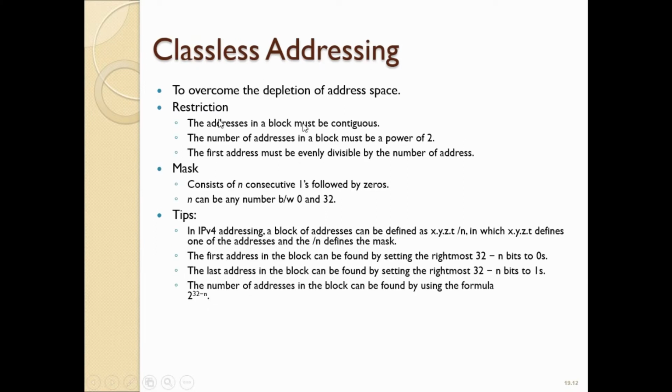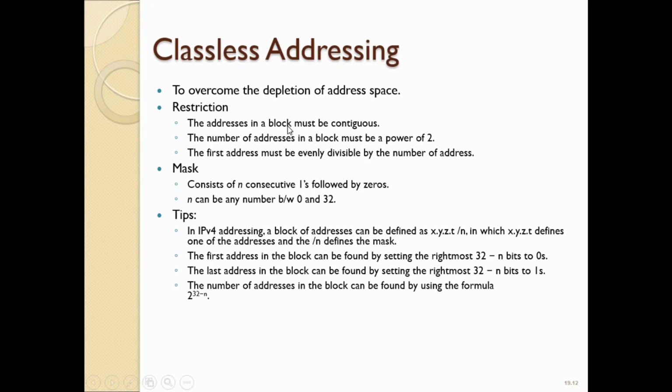Classless addressing. As I told earlier, there are two types of addressing in IPv4, classful addressing and classless addressing. Now we come to classless addressing. To overcome the depletion of address space, we introduced a new method called classless addressing. There are some restrictions on the benefits of classless addressing.